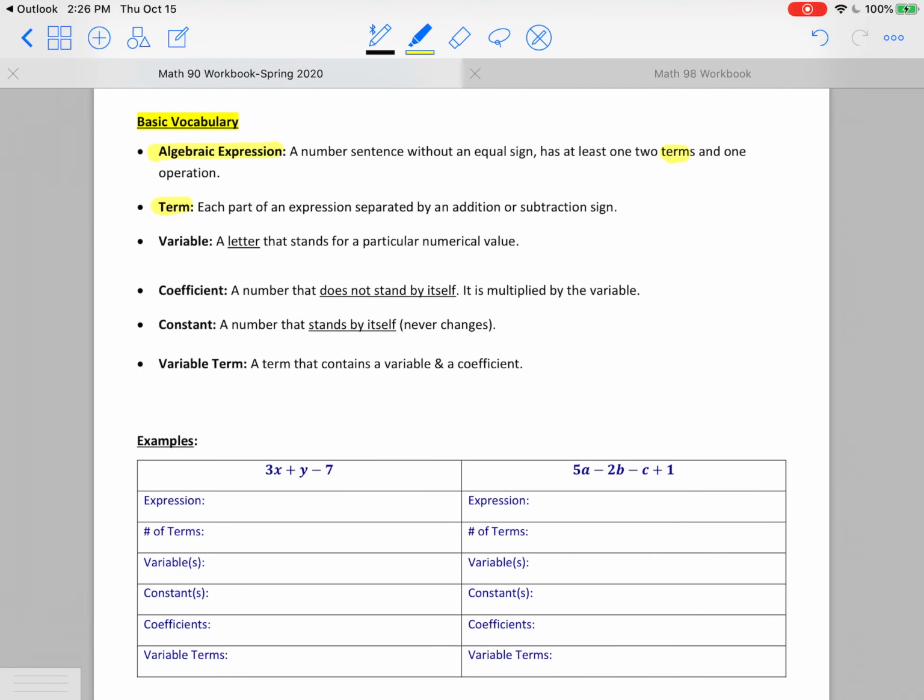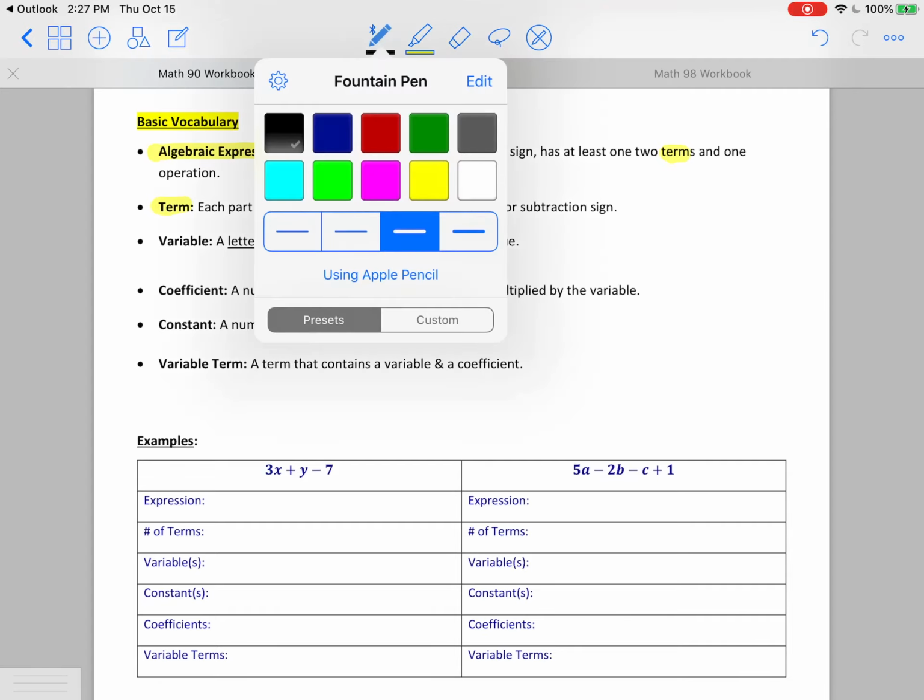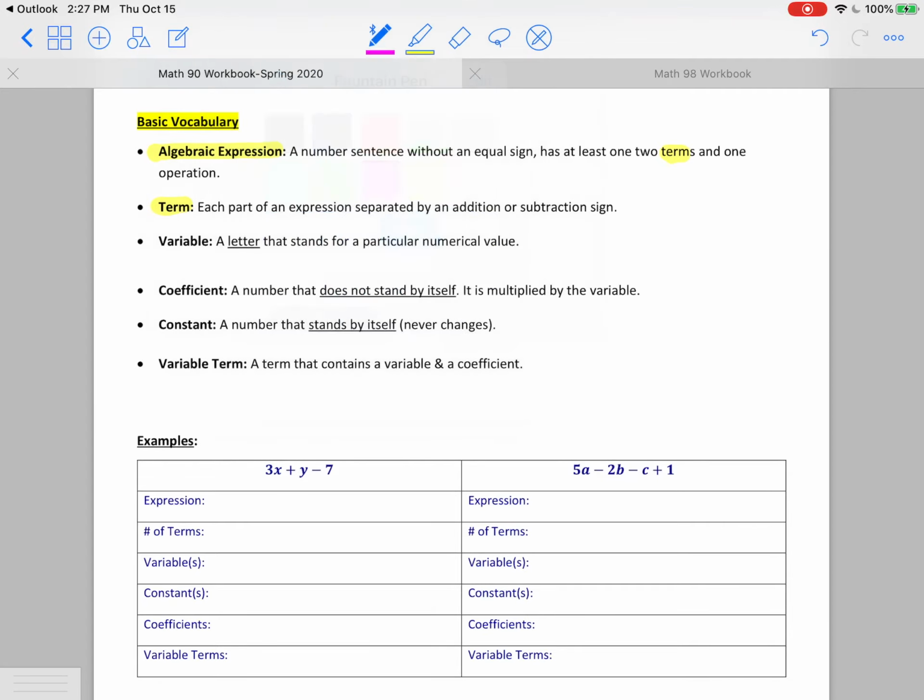So let's go into a little more detail about terms. What can terms actually be? What constitutes a term? We could have terms that are just simply variables. For example, x, that's a term, right? But maybe we decide to add a couple things to it. Let's say we have 3y. Okay, that is actually a term.